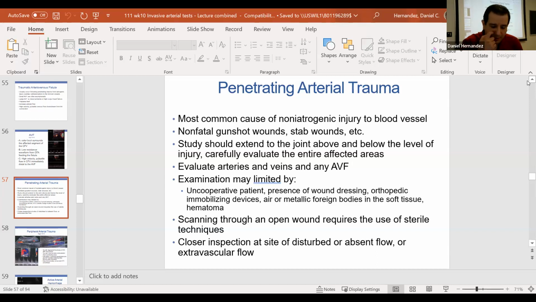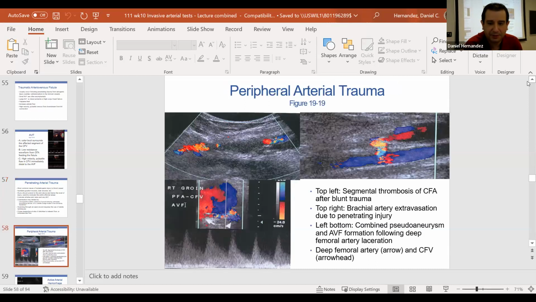We want to inspect the area where the injury is, and assess for either absent flow or disturbed flow, or maybe flow that's leaking out into the body compartments.